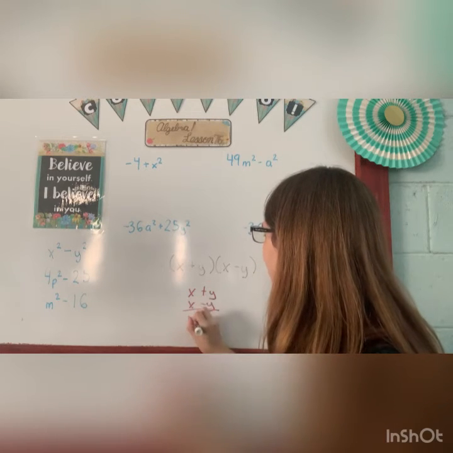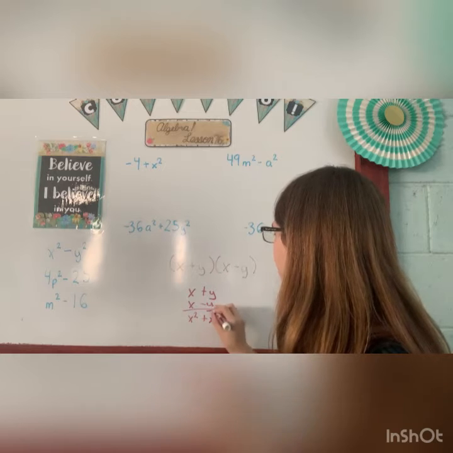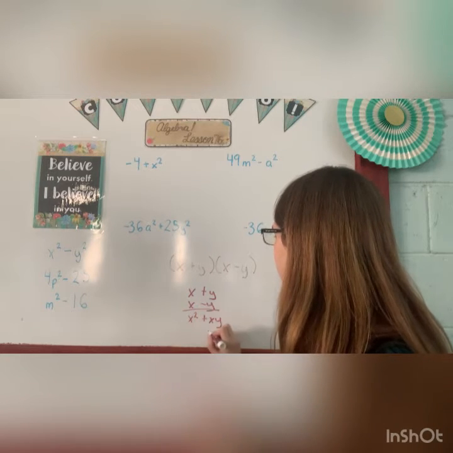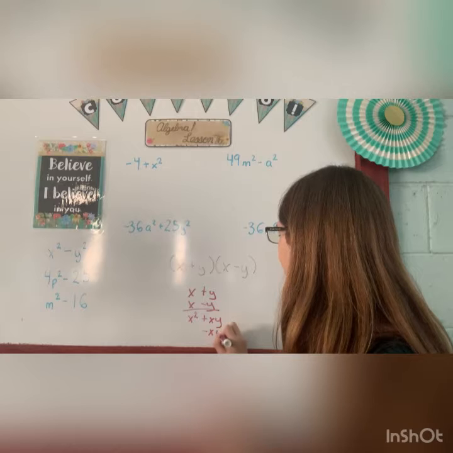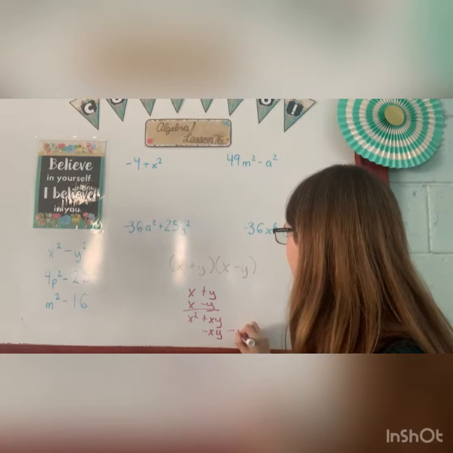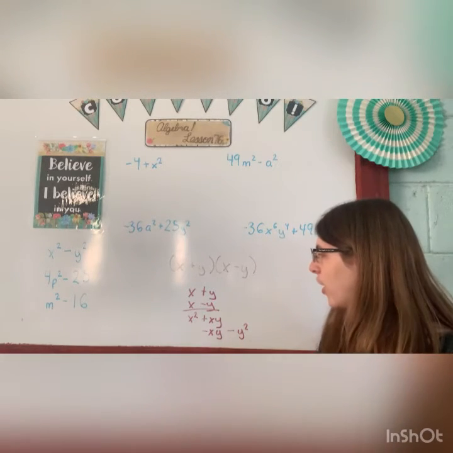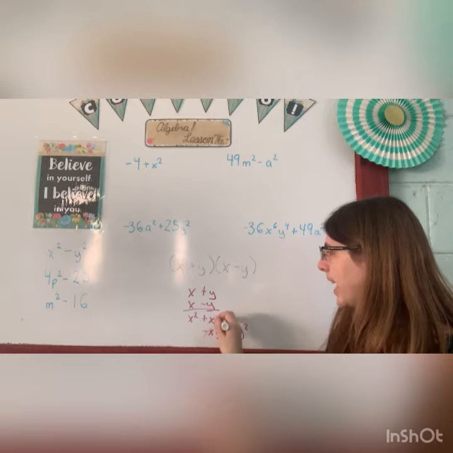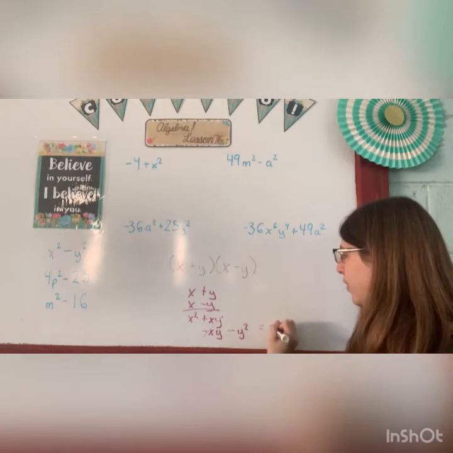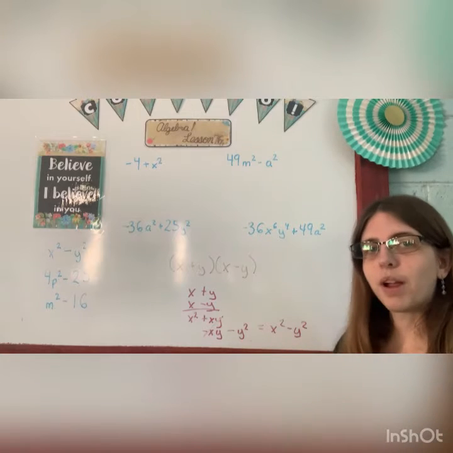X times x is x squared. X times y is positive xy. Negative y times x is negative xy. Negative y times positive y is a negative y squared. Then when you add this together, you have a positive and a negative, so it cancels out, and you're just left with x squared minus y squared.